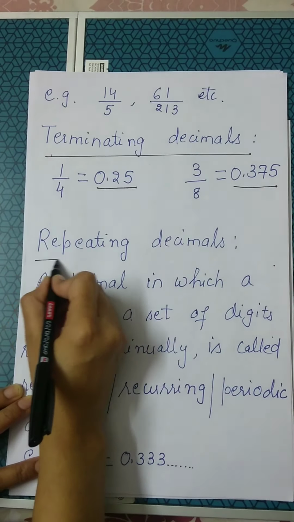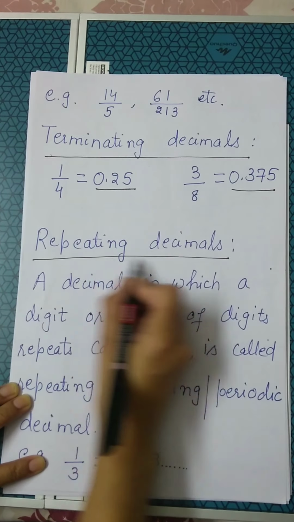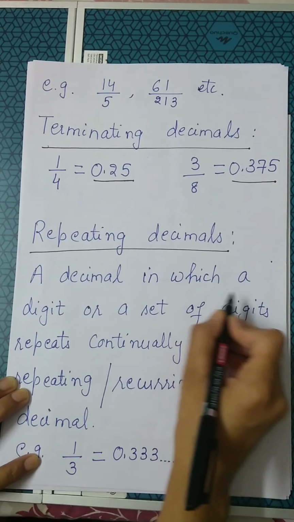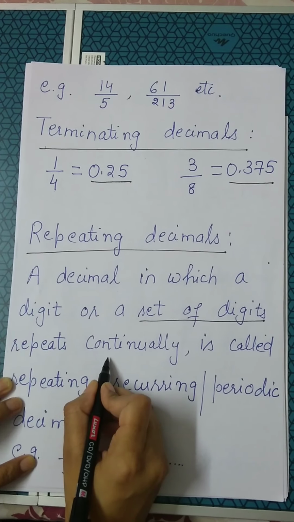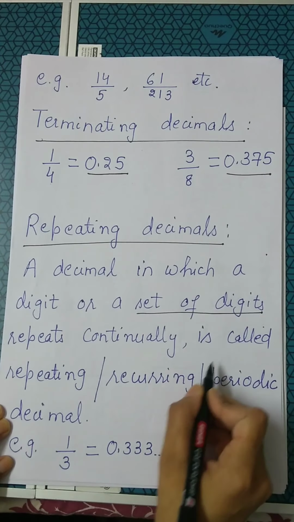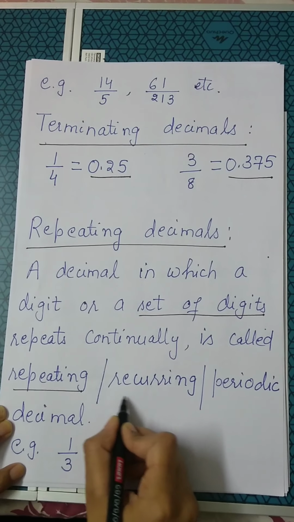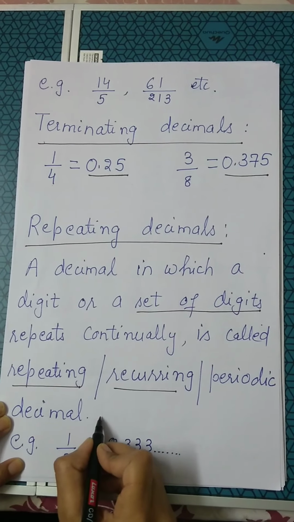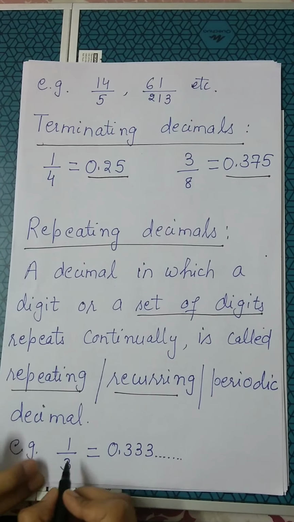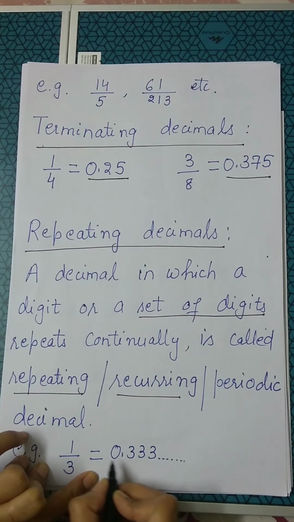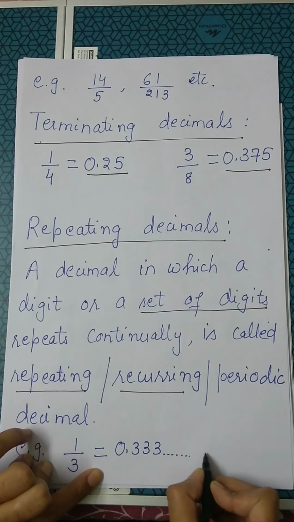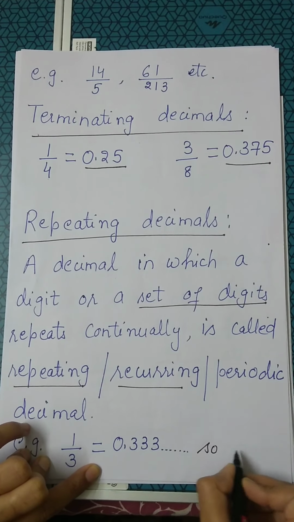Next comes repeating decimals. As by the word, it is clear. A decimal in which a digit or a set of digits repeats continually is called either repeating, recurring or periodic decimals. For example, 1 over 3, if I divide this number, I will get 0.333 and so on. This number will keep on going.